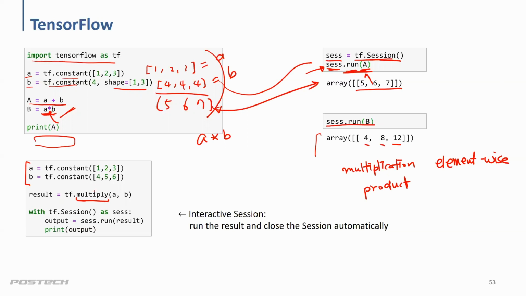So they have multiply A and B, and this is another way, with as, and we're going to open the tf.Session here, and I'm going to run it, and at the end I'm going to print out, then close the session here, and the output is, again, element-wise. Okay. So this one is the same as A, like that.